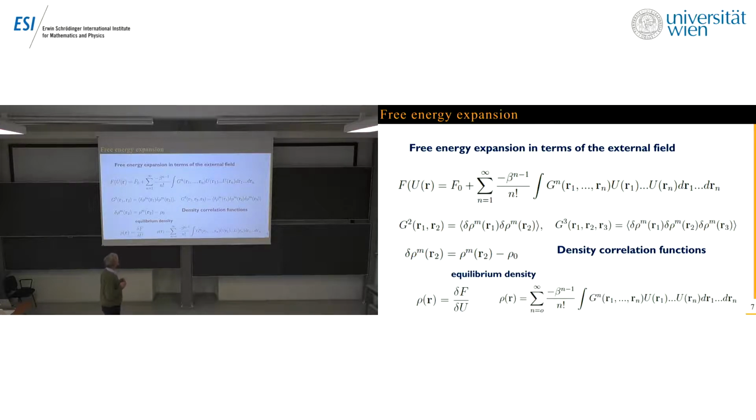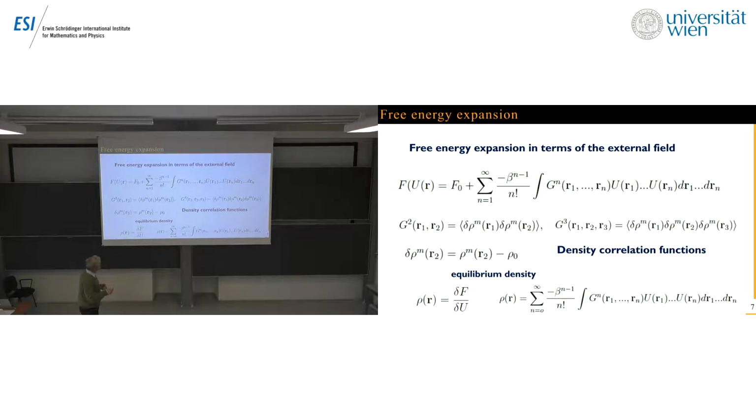We will start with free energy expansion, because free energy expansion should be used when we want to derive something like Landau-Ginzburg theories of phase transitions in terms of various order parameters. We can briefly discuss how, in principle, this can be achieved in a more or less systematic way from the physics point of view. If we take our Gibbs free energy as a function of external field, we can formally expand it in powers of the external field.